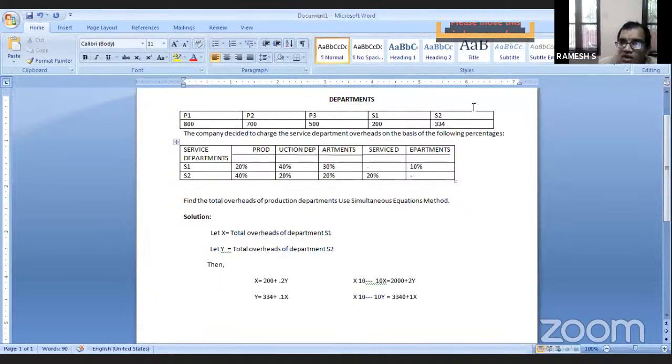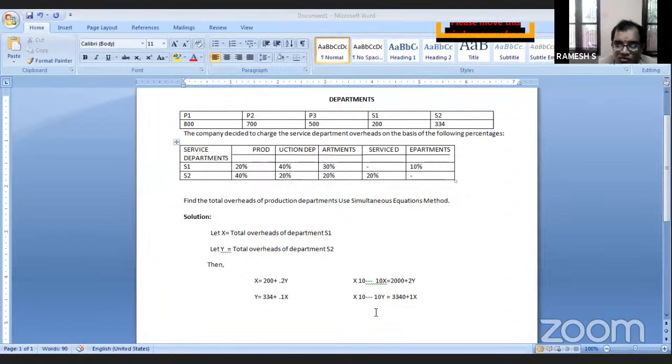Here in the first equation 10x is there. In the second equation only 1x is there. Here also it should be 10. How will it become? If I multiply the entire equation with 10, here 10x will come. So that is what I am going to do now.